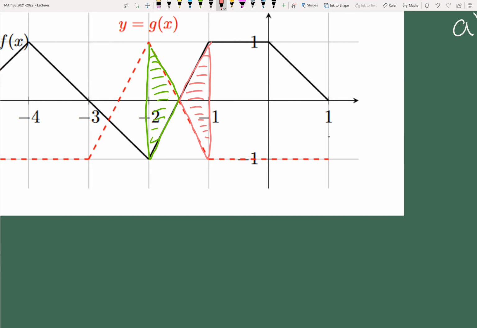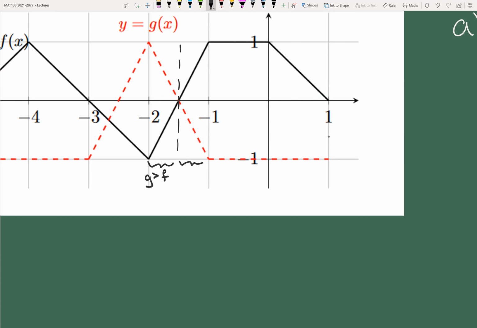It's not about increasing and decreasing here, because there are two functions. On this interval, g is bigger than f, but on this interval they switch, and f is bigger than g.